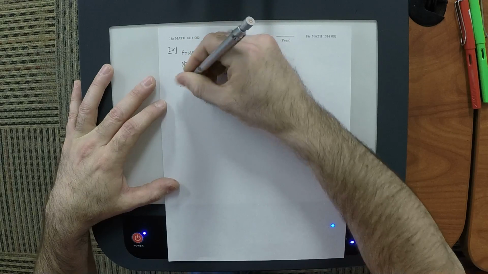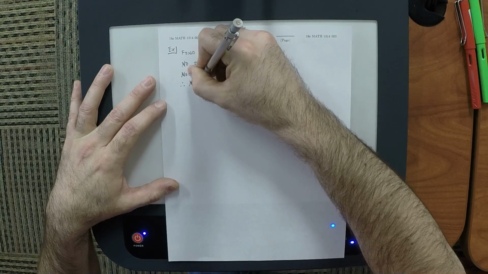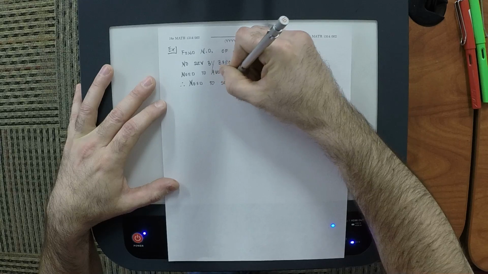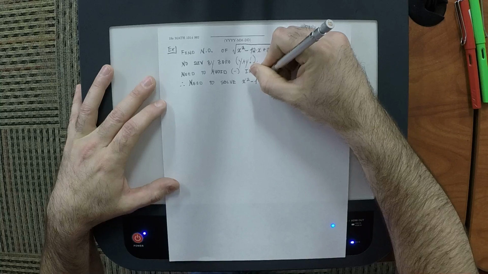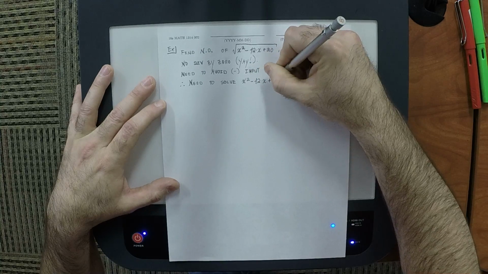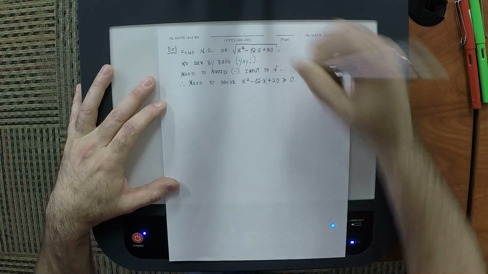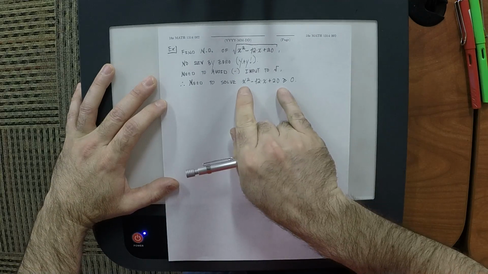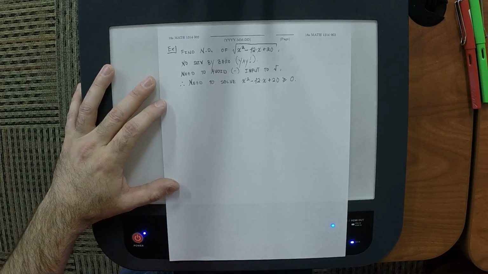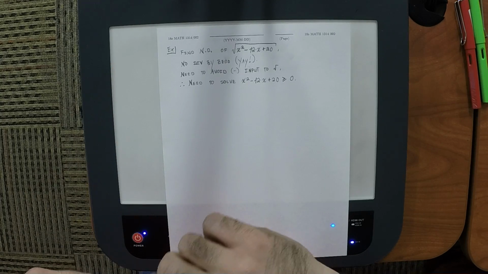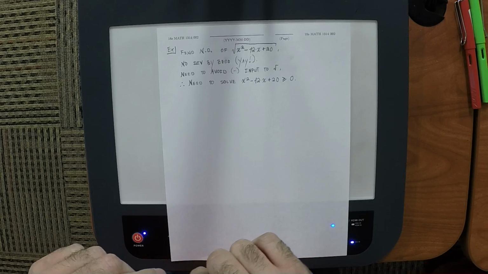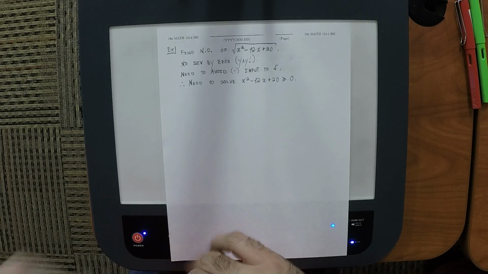Therefore, we need to solve argument greater than or equal to 0. All right. So evidently, we need to solve this inequality. Well, now the considerations on the previous page come about. So is this the easy kind? What's the name for the easy kind?